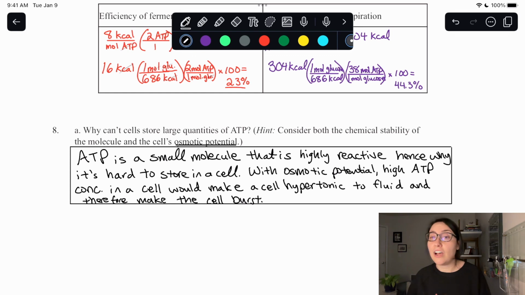And if we have a lot of it concentrated in a cell, it's going to change that osmotic potential inside of that cell, make it hypertonic, which means it's going to want fluid, give me fluid, give me fluid, and then it's too much, and then bye-bye cell. Okay?